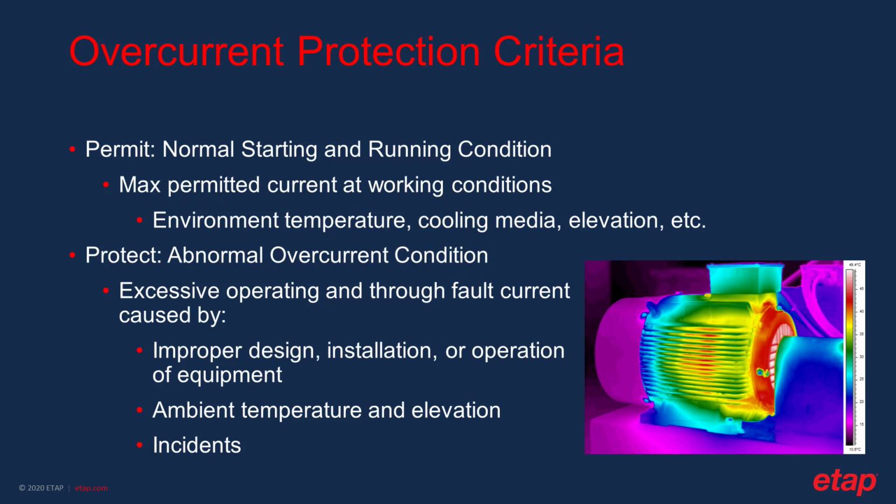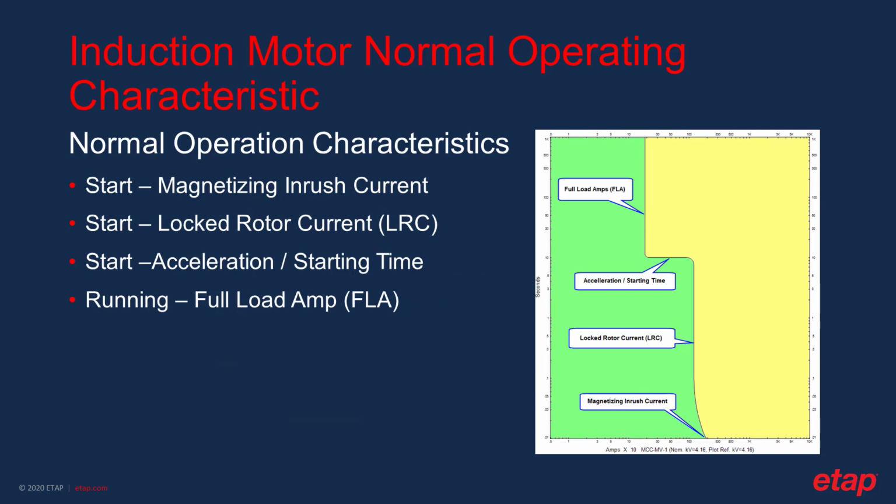These abnormal overcurrent conditions are represented by excessive operating and true fault current, which can be caused by design, installation, ambient temperature, or an incident during the running or starting of the motor itself. We represent these normal and abnormal conditions on a log-log TCC curve.